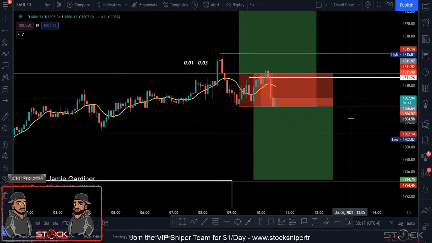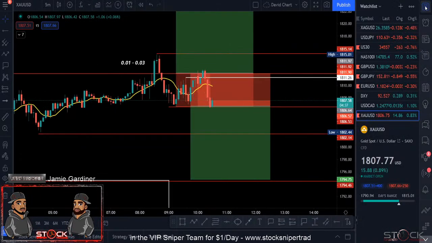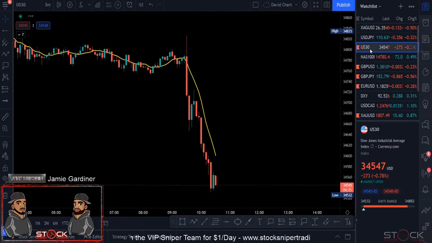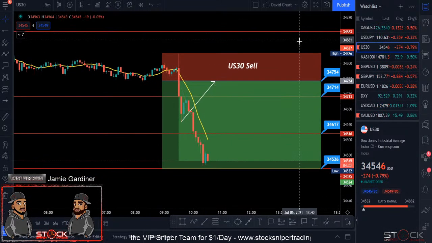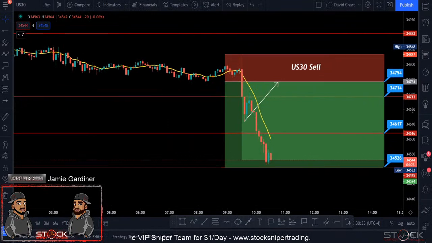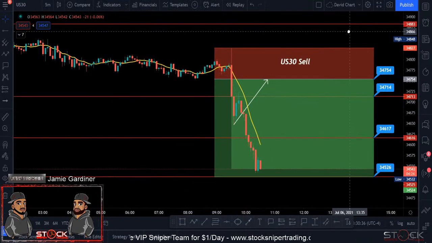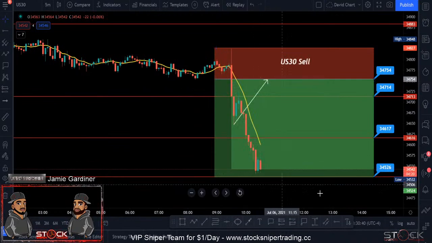Not much clear direction as of right now. So that's why we just have to wait. Look at that, guys. It's going to completely engulf this previous candle here. Let's see if it's going to hit our TP. Same thing right there. Pushed up, sold off. Pushed up, potential sell-off here.